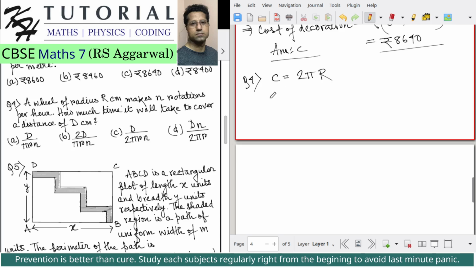Now it is given that in 1 hour n rotations are made by the wheel.